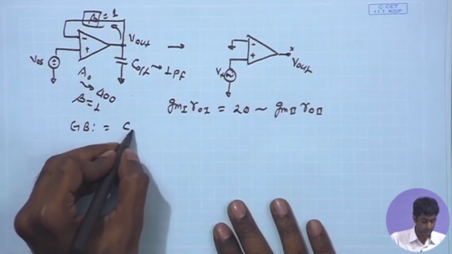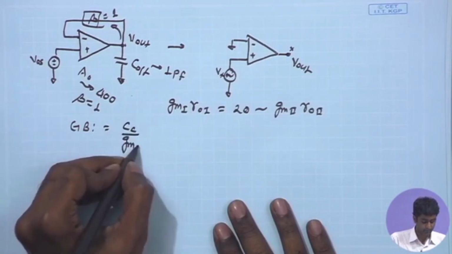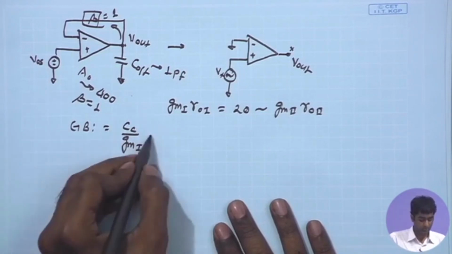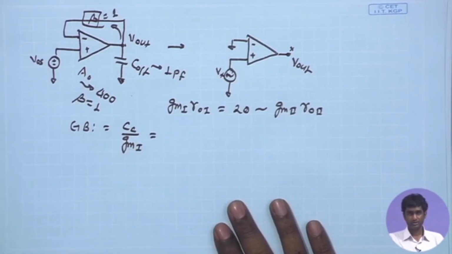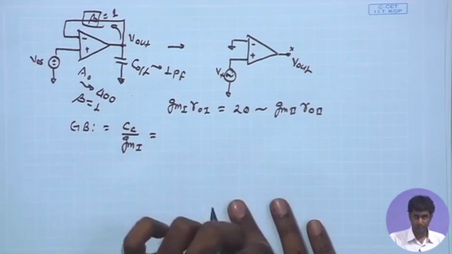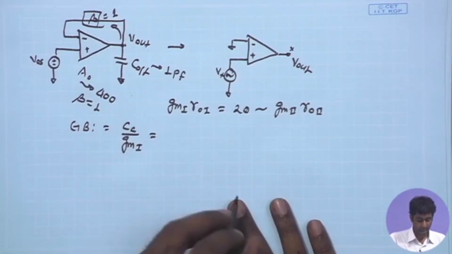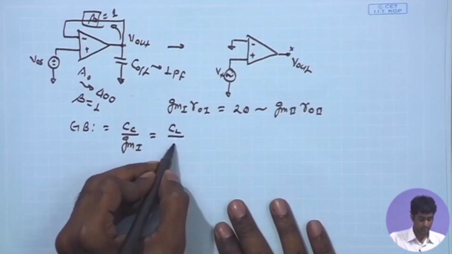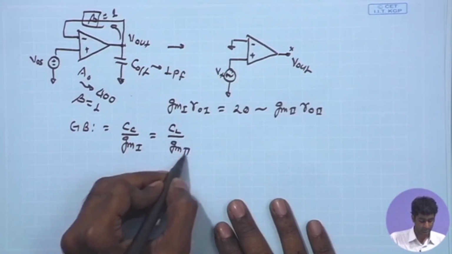So, this is equal to Cc upon Gm1, the Gm1 of the first stage. And also, in order to have 45-degree phase margin, the condition that we have discussed, this should be equal to P2, the second pole or the non-dominant pole, which is given by the load capacitance Cl divided by Gm2, that is the Gm of the second stage.